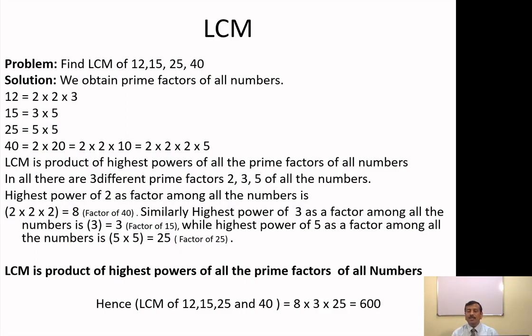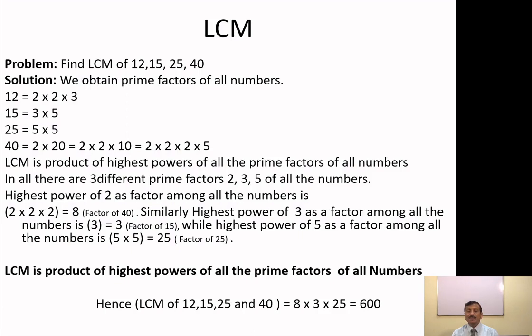If you look at the highest power of 2, if you consider the factors of 12, the power of 2 is 2 into 2, means 2 raised to 2. In 15, there is no 2, so the power of 2 is 0. In 25, there is no 2, the power of 2 is 0.